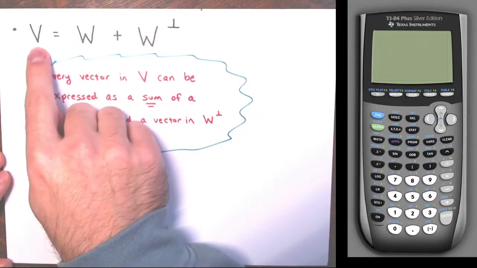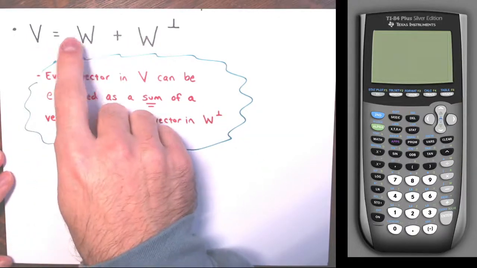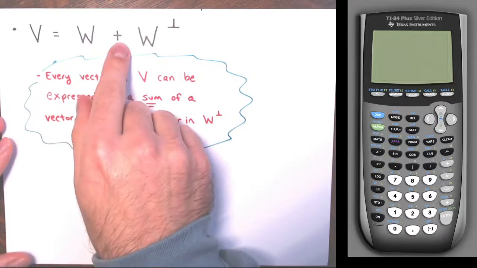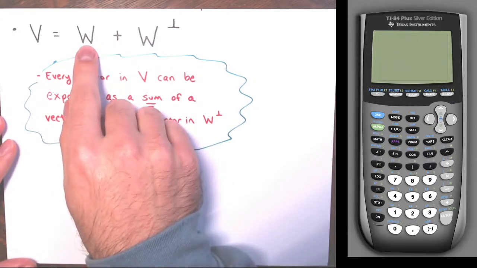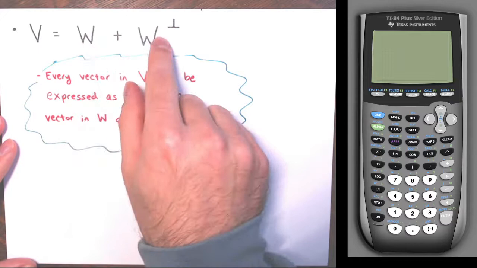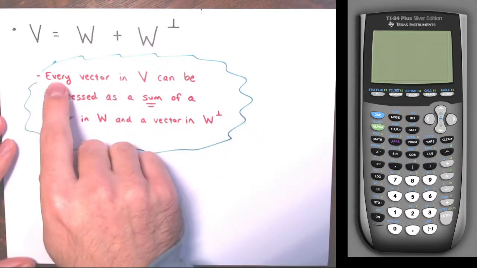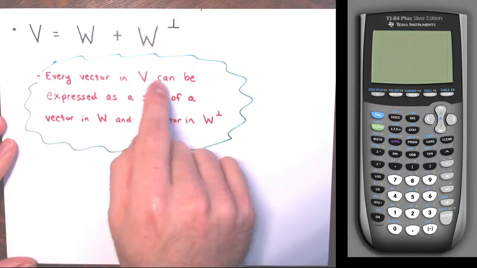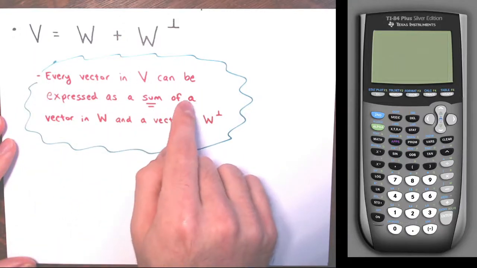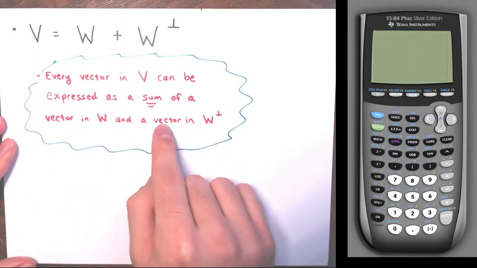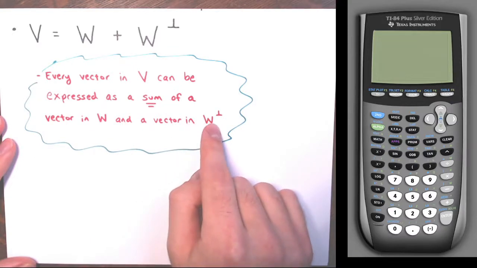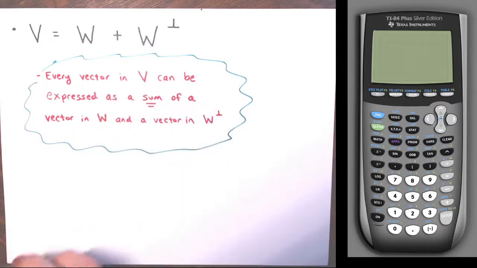So V is equivalent to the sum of any subspace of V plus that subspace's orthogonal complement. Now what this means is that every vector in V can be expressed as a sum of a vector in W and a vector in the orthogonal complement of W. Right. And in fact, it can be expressed uniquely as a sum of vectors like this.